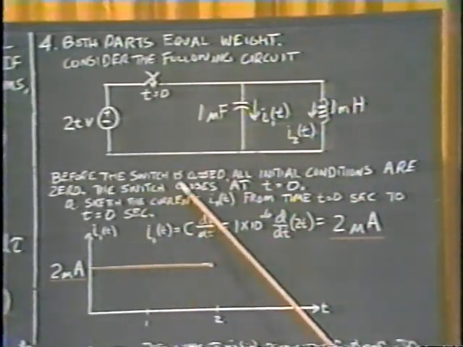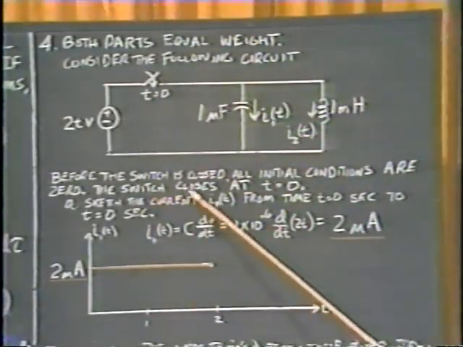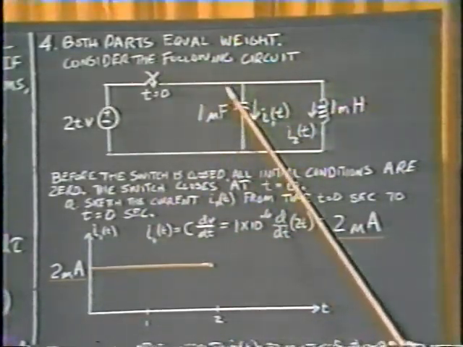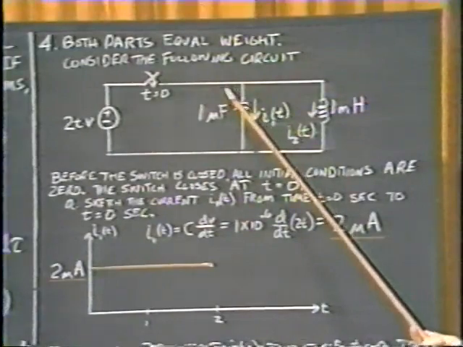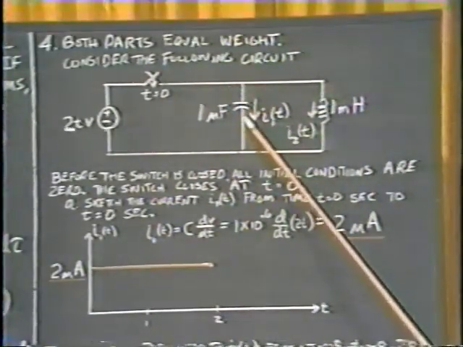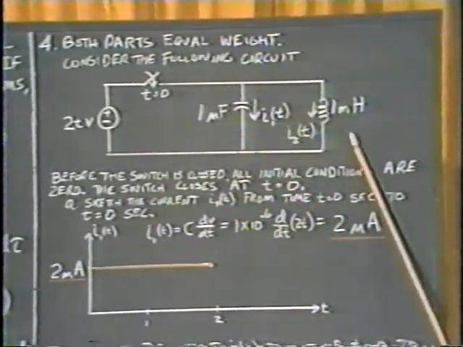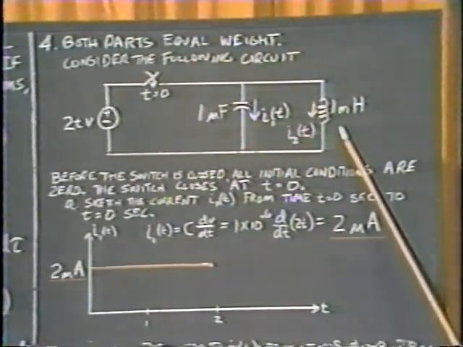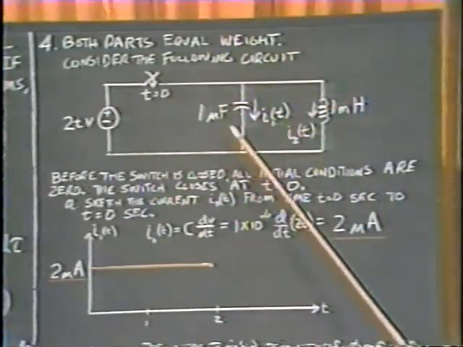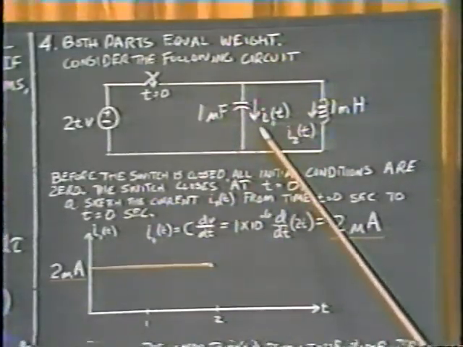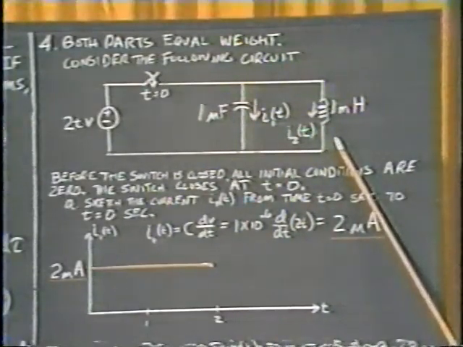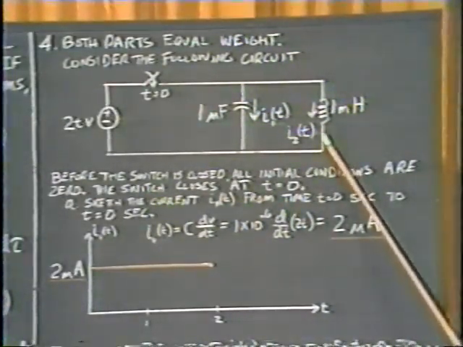Now, as the problem states, the switch will close at time t equals 0. That will then apply our voltage across both the capacitor and the inductor. So our input in this case is voltage, and we wish to decide on the two outputs, I1 and I2, going through the capacitor and the inductor. So we have the input-output relationships to do this.